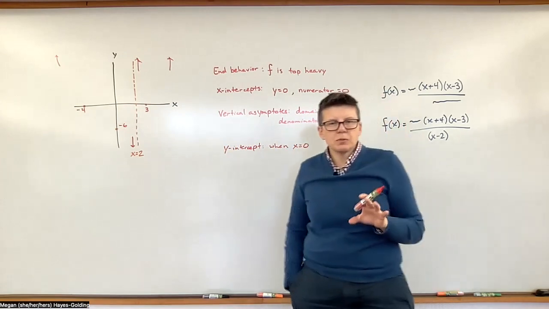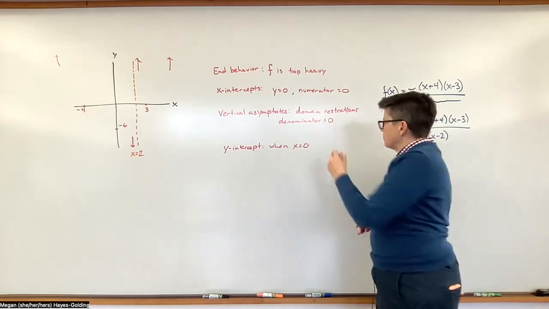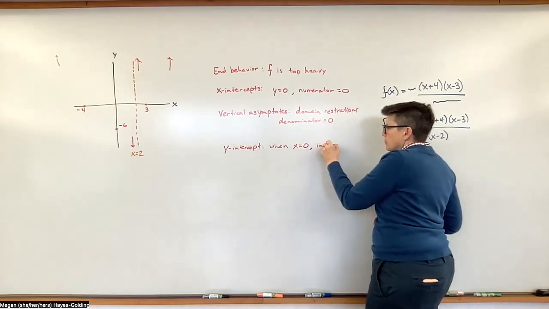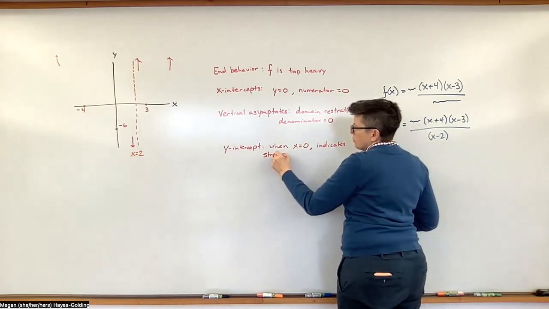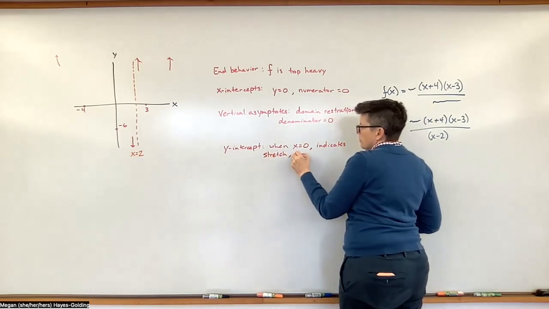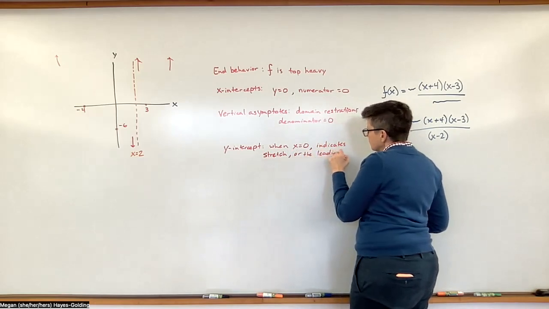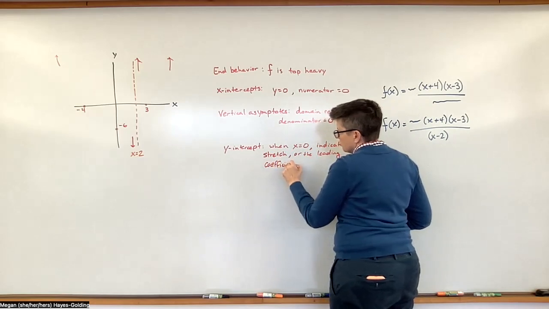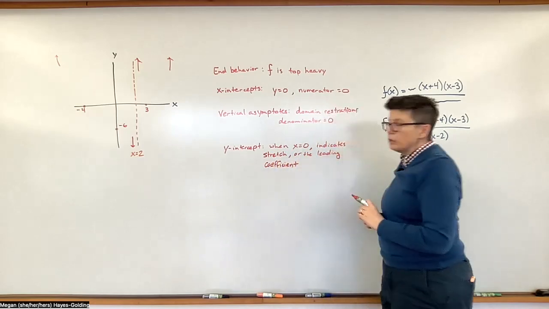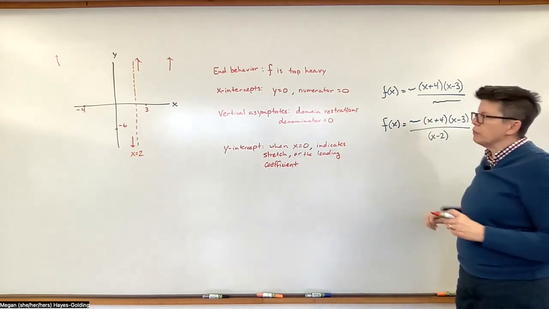This is going to indicate something to us about the stretching feature of the function, or the leading coefficient. There's going to be an a value in that space that we have to figure out.